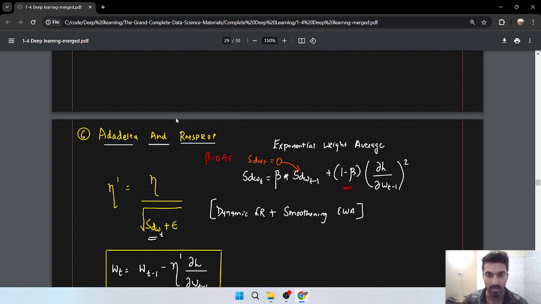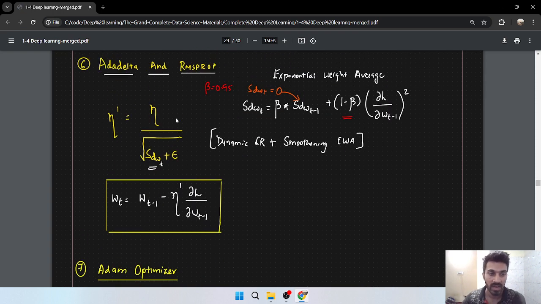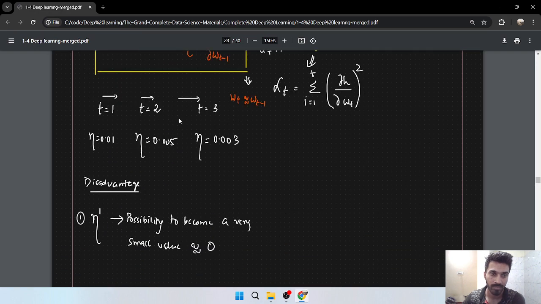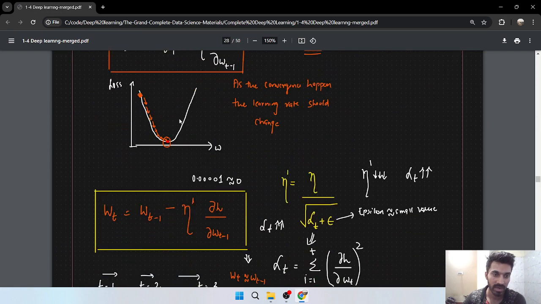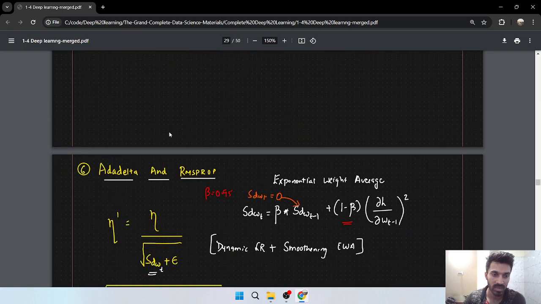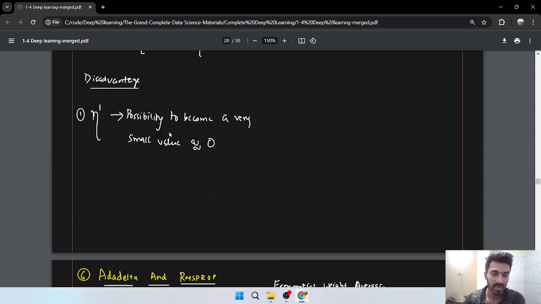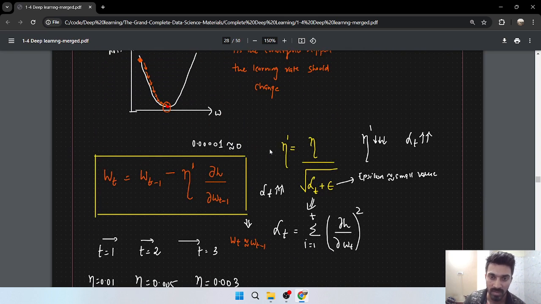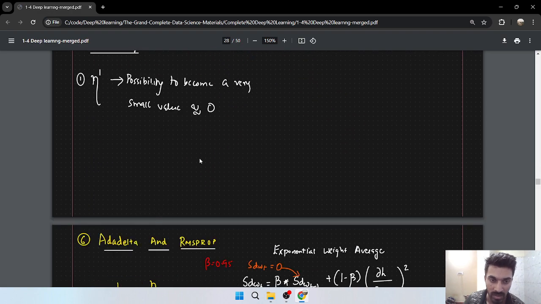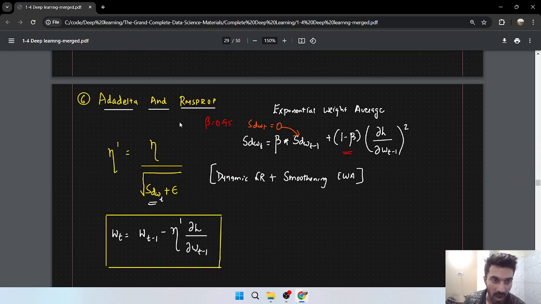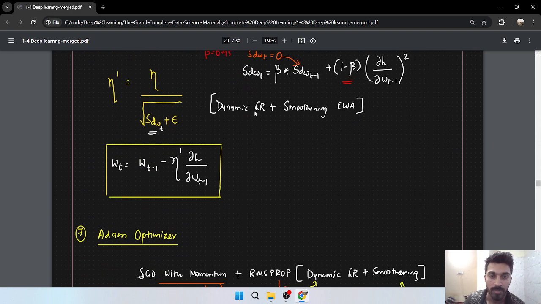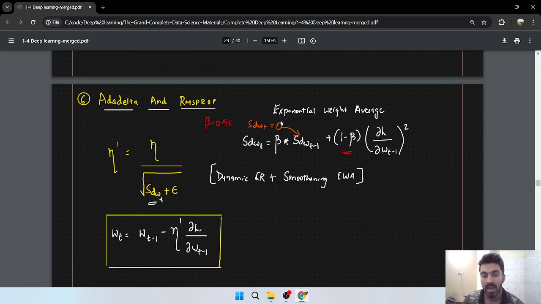We can say Adadelta. Here we have learned Adagrad, adaptive gradient descent. Adaptive means we are adapting your learning rate. In Adadelta, our weight updation formula will be something like that.